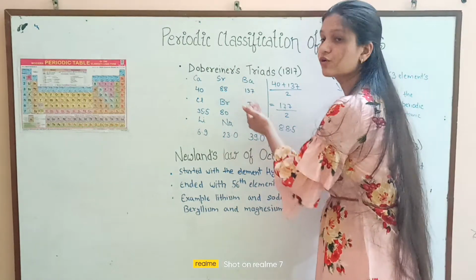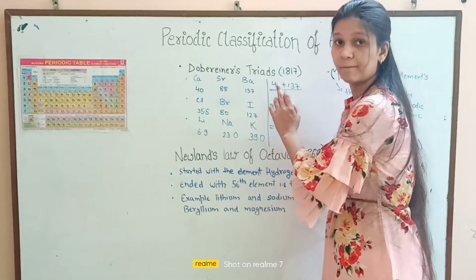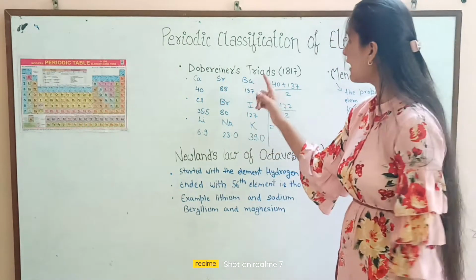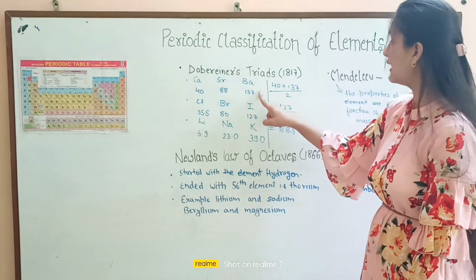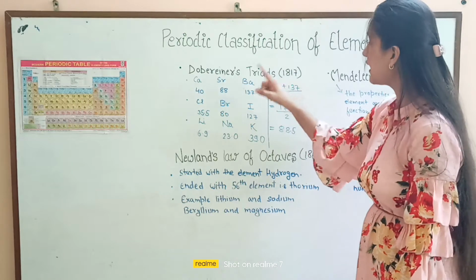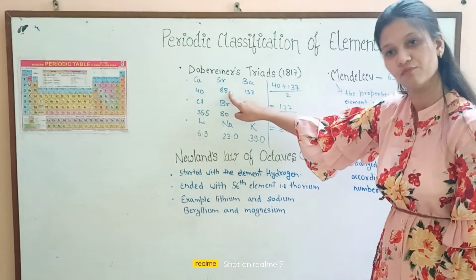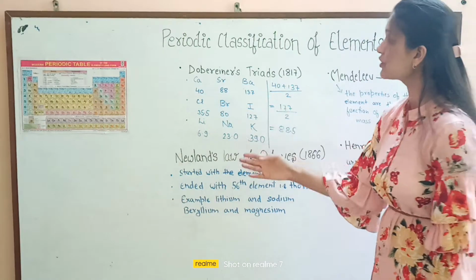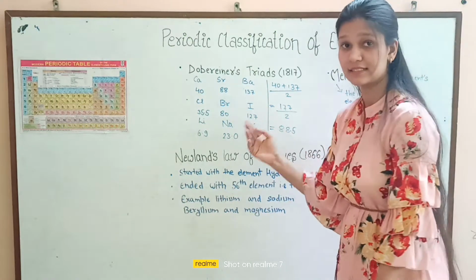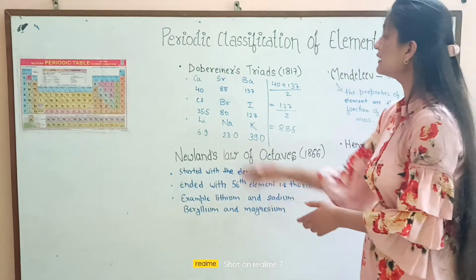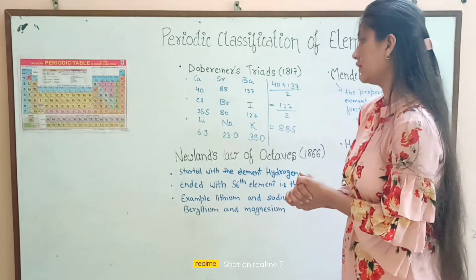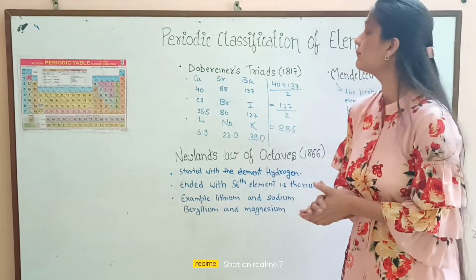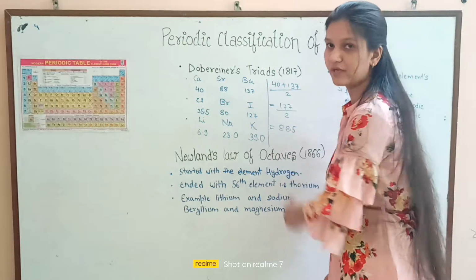He named these groups triads because he took the average atomic mass of the first and the third element and the result was the atomic mass of the middle one. But the limitation of Dobereiner's triads is that he gave only 3 groups and the rest of the elements were not grouped. This is the main drawback of Dobereiner's triads.